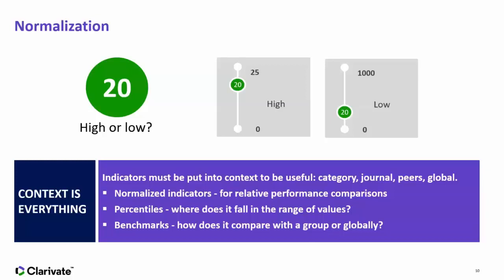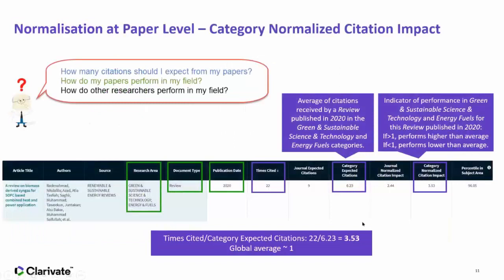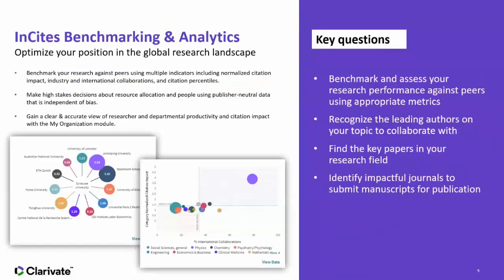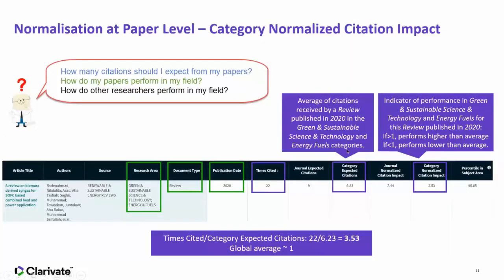So CNCI is normalizing all the numbers by those three different criteria. And this is how CNCI is calculated. It's a normalization by publication year, by research area category, in this case the category of journals, and by document type. So when we have times cited, we also have a category expected citation. This is the normalization.